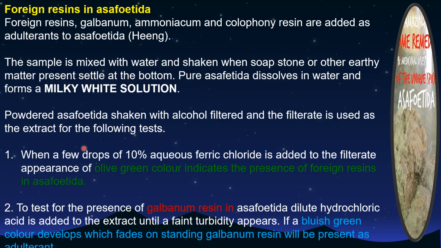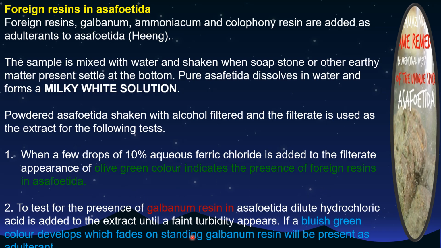Next, the asafoetida powder, we should powder it, and then we have to shake it with alcohol and filtrate. With the filtrate, we can do the following tests. A few drops of 10% aqueous ferric chloride are added to the filtrate. We'll get olive green color if foreign resins are present.